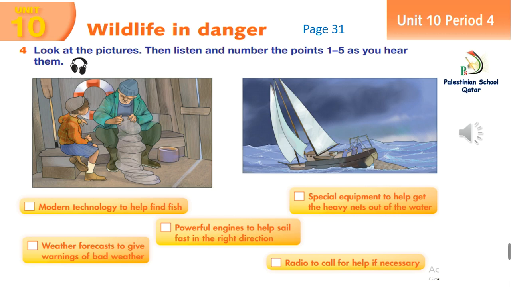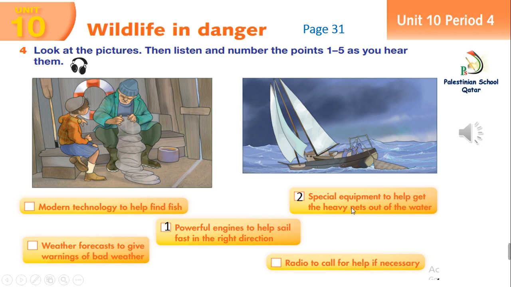Okay everyone, I think you know which sentence or which phrase is number 1, 2, 3, 4, and 5. So let us see. Number 1 is the powerful engines to help sail fast in the right direction. What about number 2?